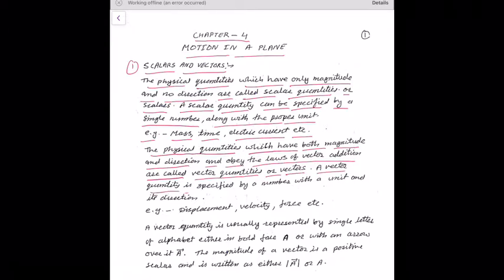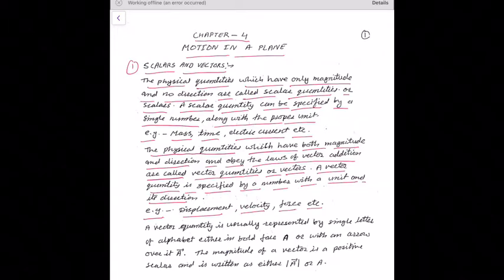A vector quantity is specified by a number with a unit and its direction. For example, displacement, velocity, force, etc.